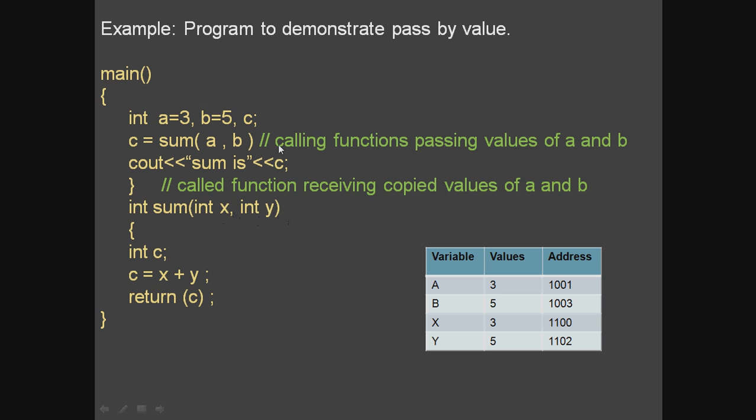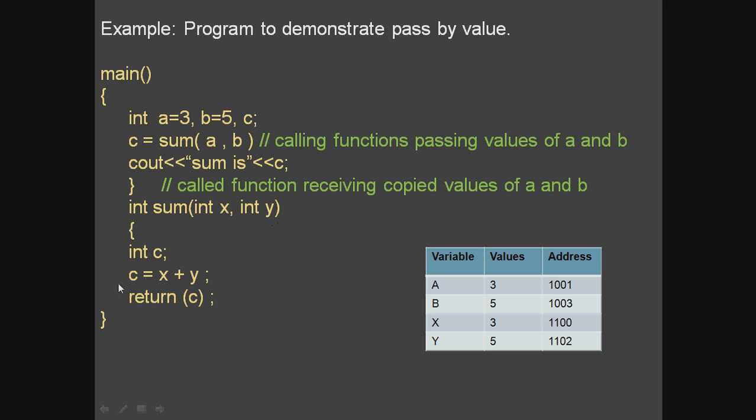Now in pass by value, the calling function passes the actual arguments a and b, but not the original values 5 and 3, but a copy of these, 3 and 5, is sent to these variables x and y. Clear?